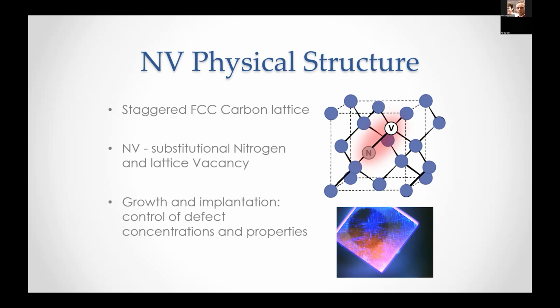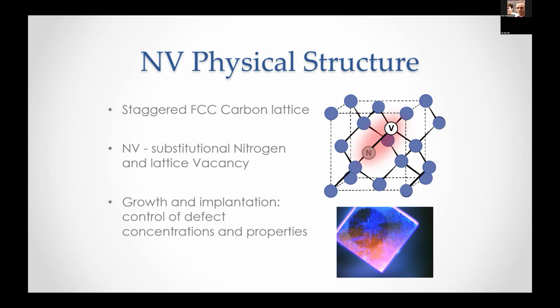For NVs, these would be nitrogen ions. So one can actually shoot nitrogen ions into the sample to create NVs at some given concentration and some given depth. And then there are additional processes as to how to make sure that you have a good conversion from the nitrogens that you've shot into the diamond into the NVs that you actually want.